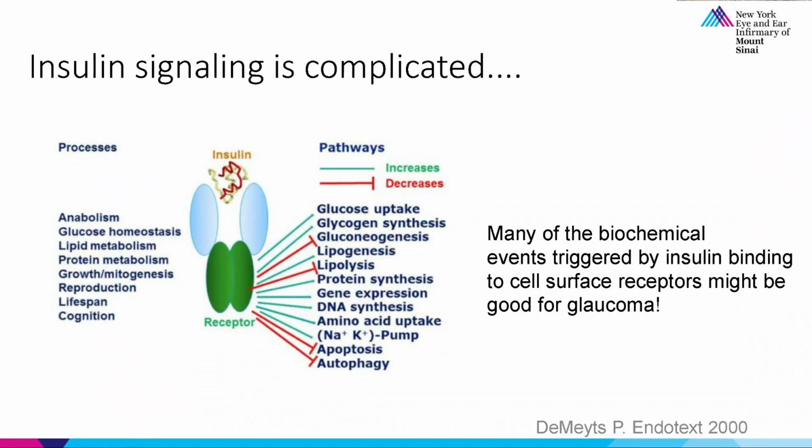Protein synthesis, gene expression, DNA synthesis, amino acid uptake, apoptosis, and autophagy. Some of the processes involved span from glucose homeostasis to cognition and lifespan. So many of the biochemical events triggered by insulin binding to cell surface receptors might be good for glaucoma. And so we're going to cover this in a little more detail.